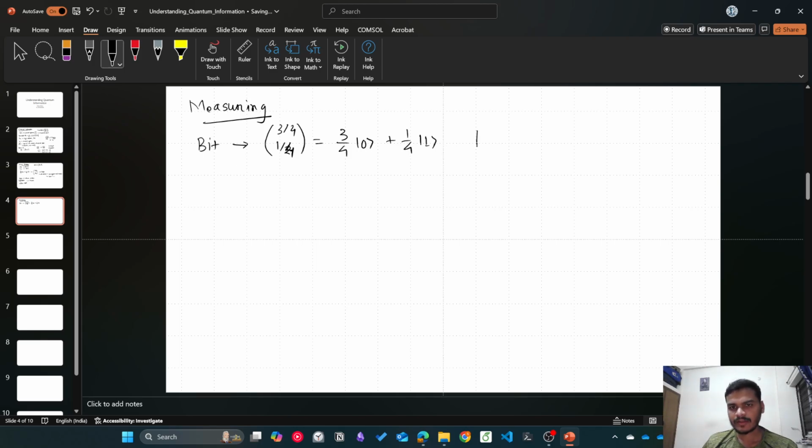Earlier we were not looking at the bit, so we did not know whether it was 0 or 1. Now let's look, or we can call it measuring the bit. In that case, let's say we observed 0, which has a probability of 3/4 according to our knowledge.